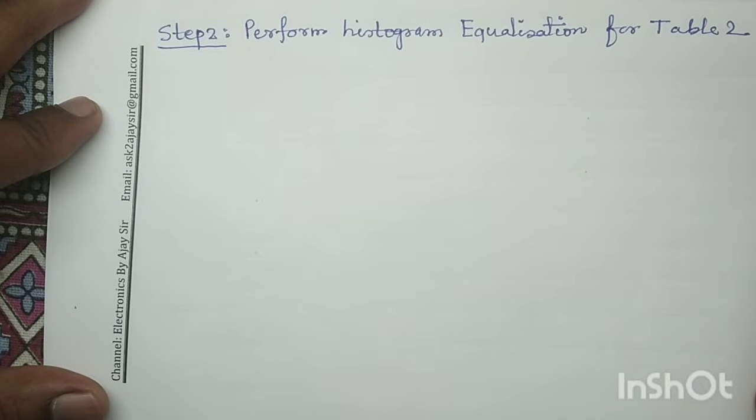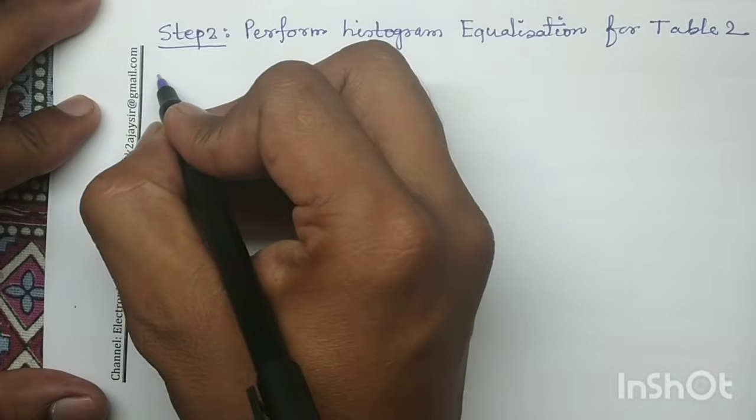So similarly, we will make another table. Similarly, we will make the histogram equalization table for table 2 also.